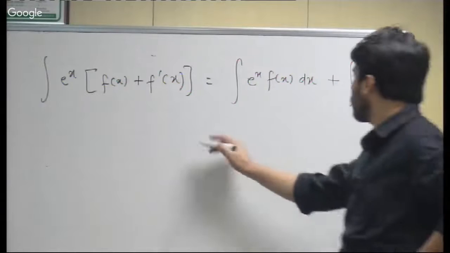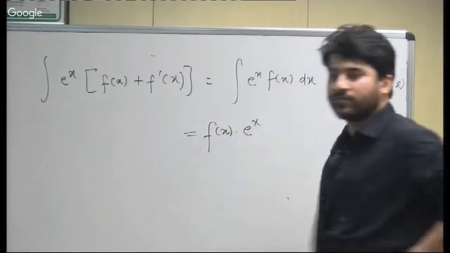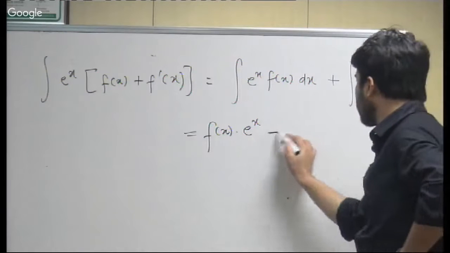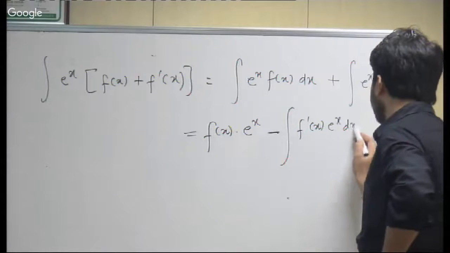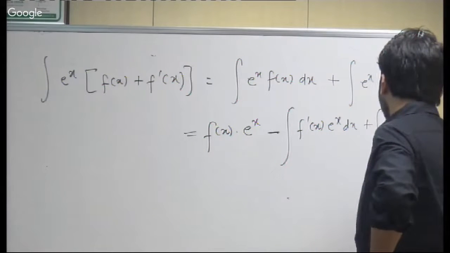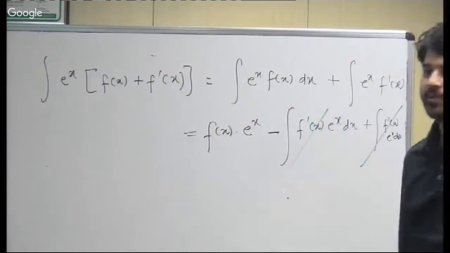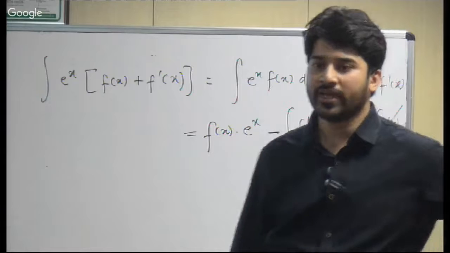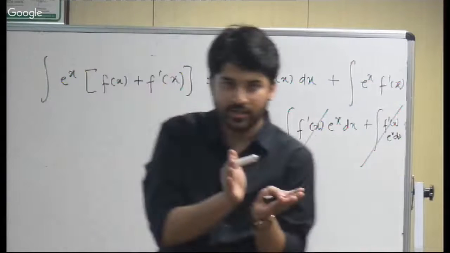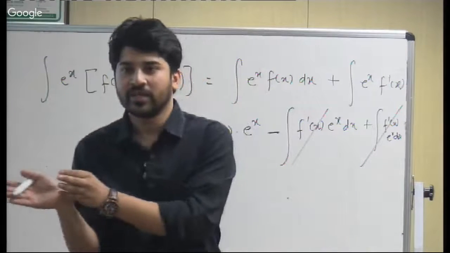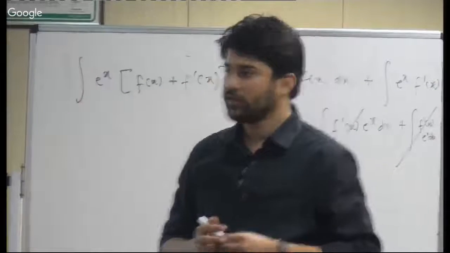So it will be fx into e to the power x minus f prime x e to the power x dx plus f prime x e to the power x dx. So I'm left with e to the power x fx. So whenever you see something like e to the power x into some function plus its derivative, the answer would be e to the power x into that function. Okay, you see?